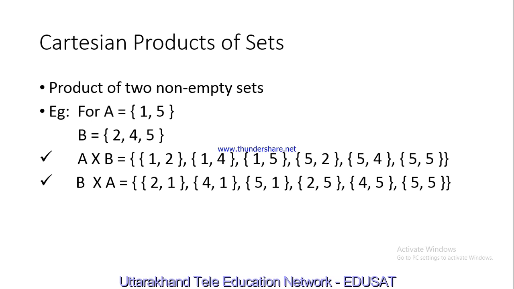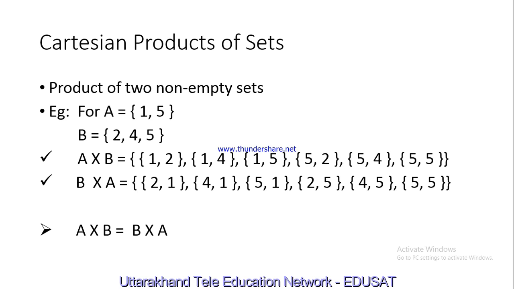Now if you look at the two expressions A into B and B into A, you would find out that they are basically equal, because we have seen earlier also that the sequence is not at all significant, so you don't need to worry about the sequence. So 1 2 in A into B, the first element 1 2 is equivalent to 2 1 in the B into A product.